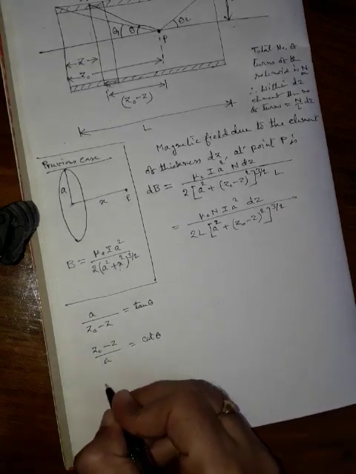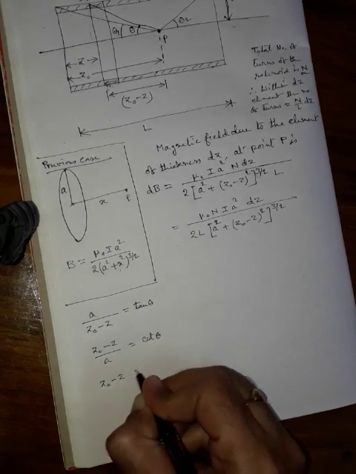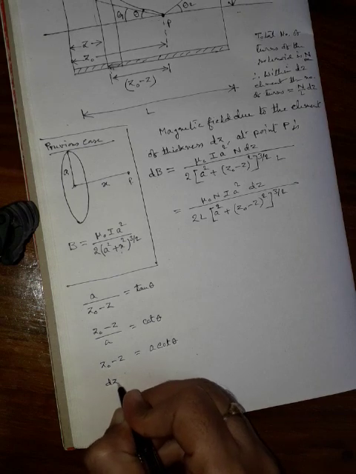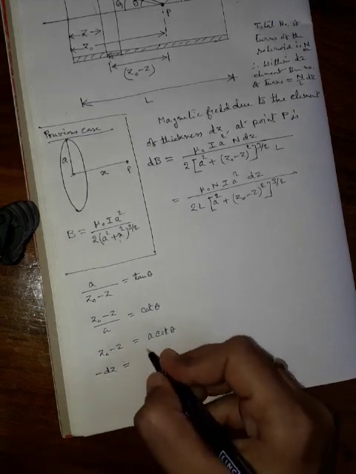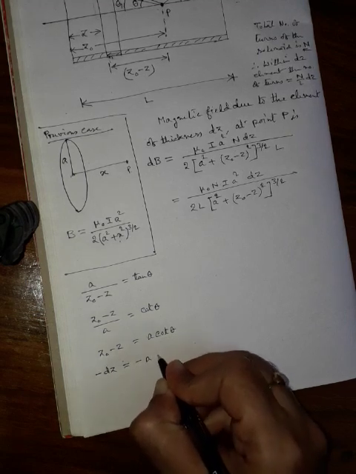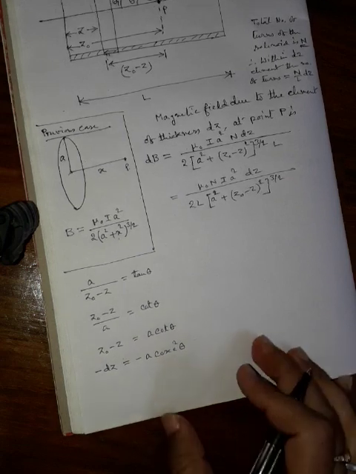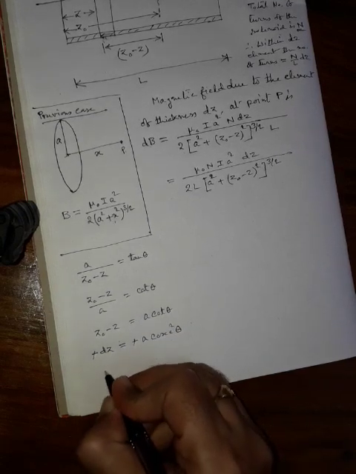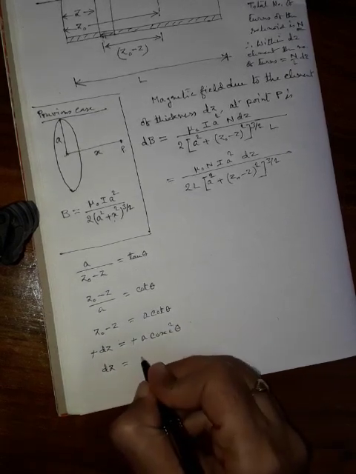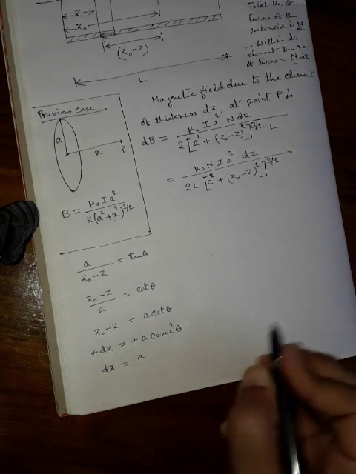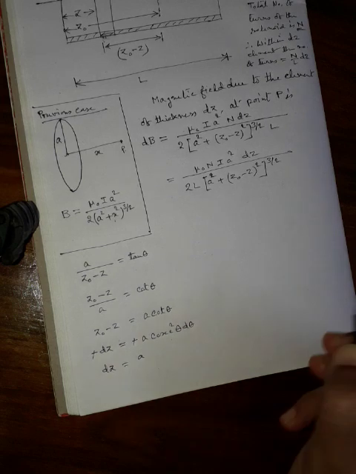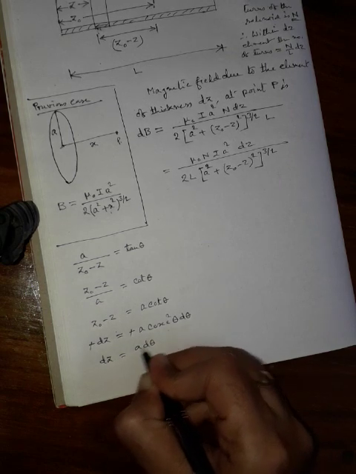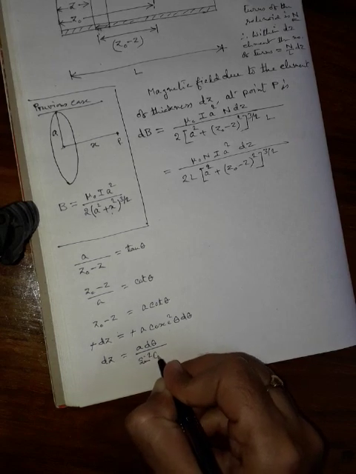Okay, therefore z0 minus z is equal to A cot theta, or minus dz is equal to minus A cosec square theta, or this minus will be cancelled out, and dz is equal to A d theta by sine square theta.